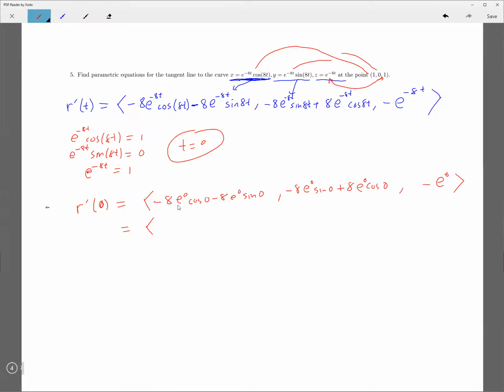Okay, so e to the 0 is just 1, and this is 1. This is 0, so that's gone. So this is just going to be negative 8 in the first slot. This is 1, but that's 0, so that's all gone. And then this is 1, and that's also 1, so this is 8 in the second slot.